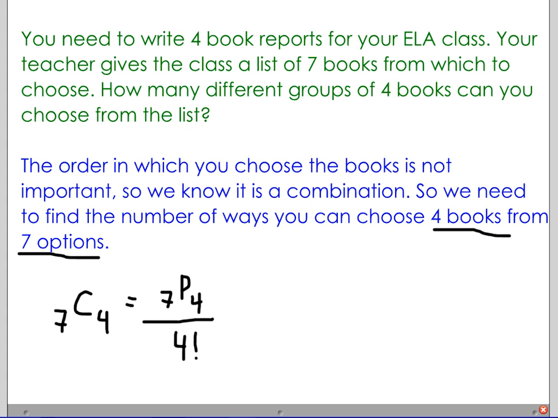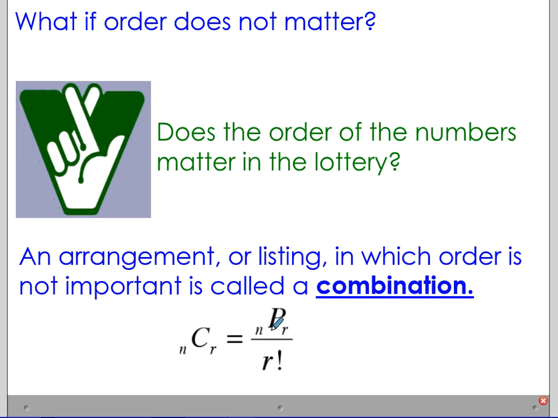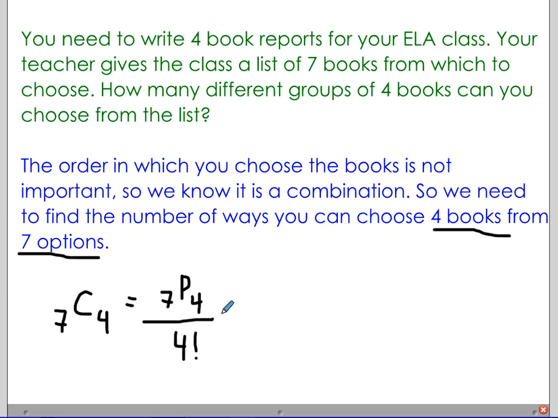Just like the formula that was on the screen before, where you had nPr over r factorial. In this case, 7 is my n, 4 is my r, so I have nPr over r factorial, so then it would be 7P4.